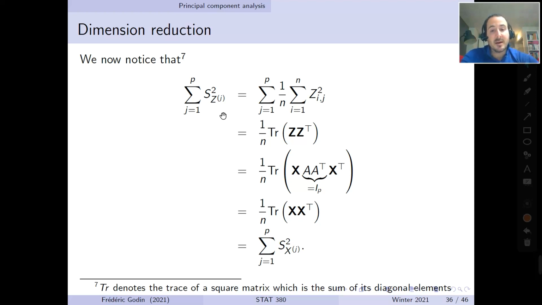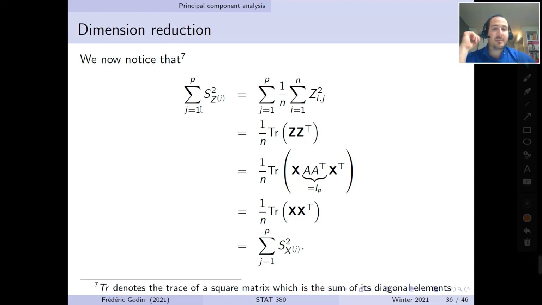When we take our original canonical basis and turn it into a new set of axes, which are still orthogonal and normal but optimal in terms of the PCA, the sum of variances for each of the predictors doesn't change.